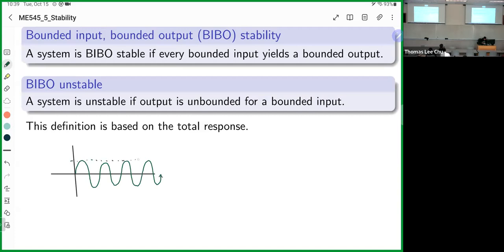Let's say this is a spring of some sort that is not losing energy and it's oscillating up and down at some frequency omega.